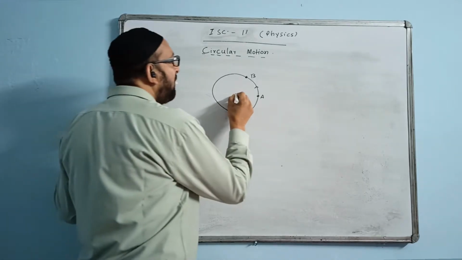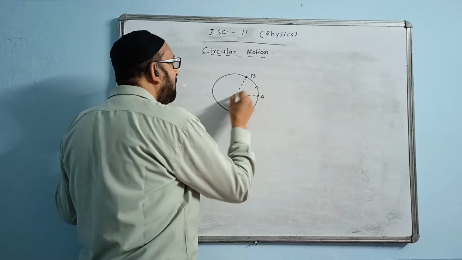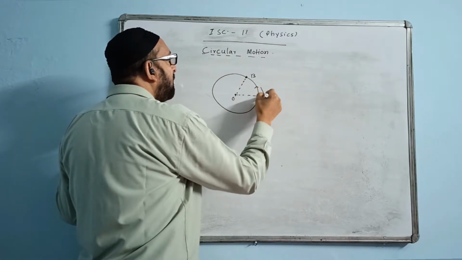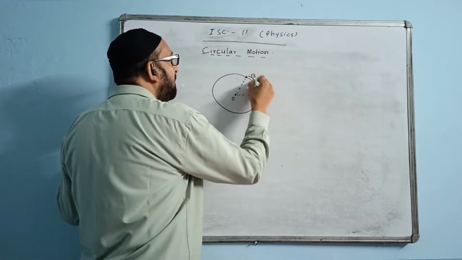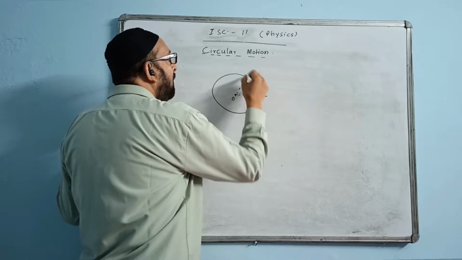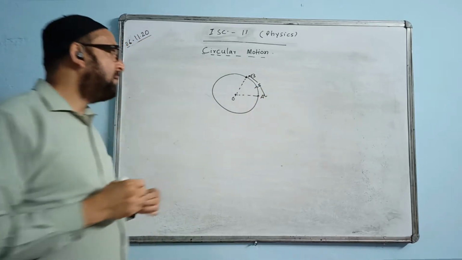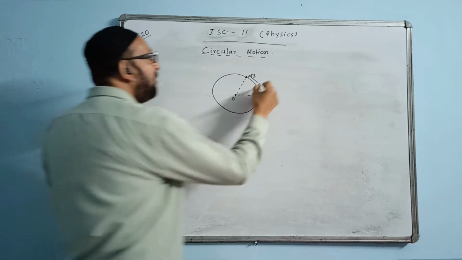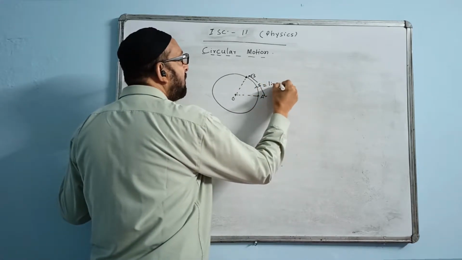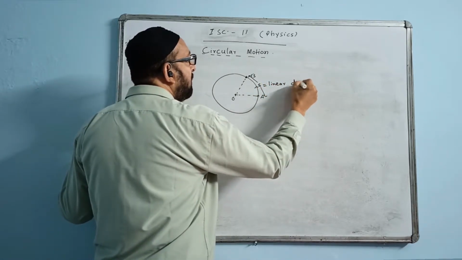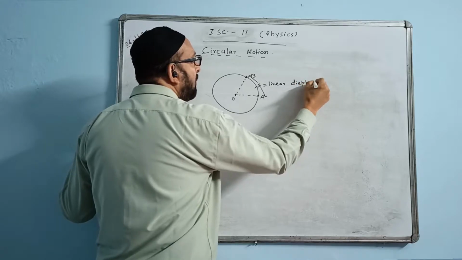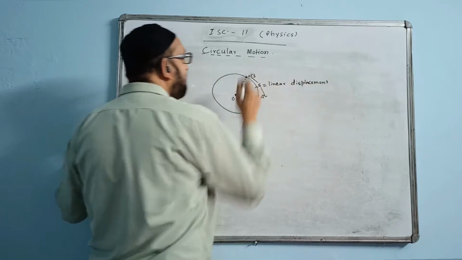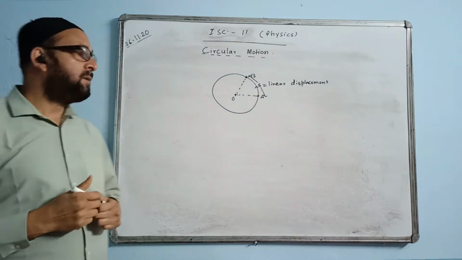The arc is denoted by the symbol S. This S is called linear displacement, or linear distance traveled.